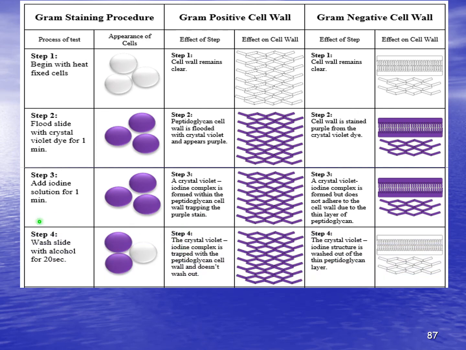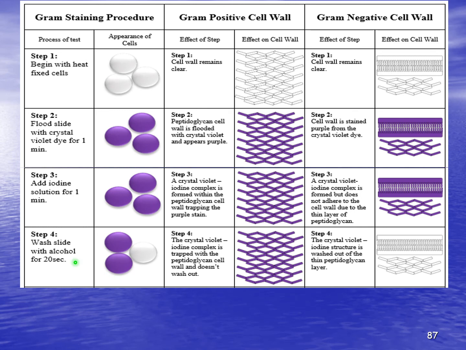And then the critical step of gram staining is the decolorizing step. We are going to now wash these slides with an acid alcohol solution. And this says for 20 seconds. That's going to be too long, folks. What you want to do is simply drip this on and then immediately wash it off with deionized water.